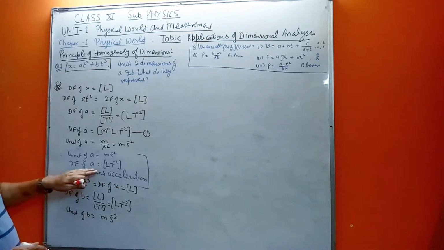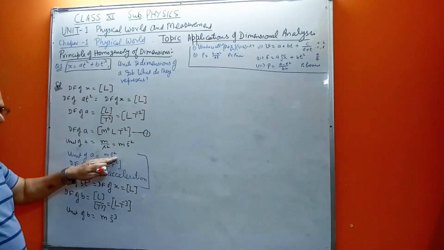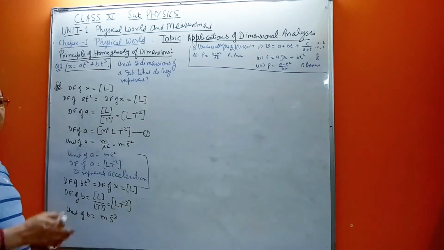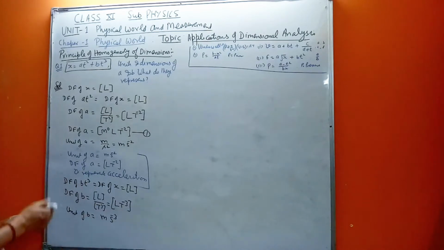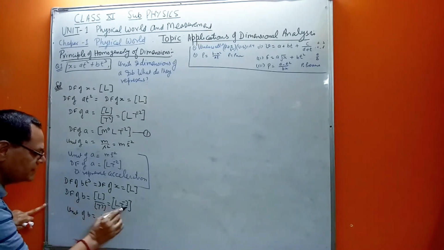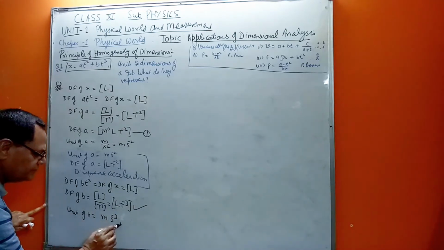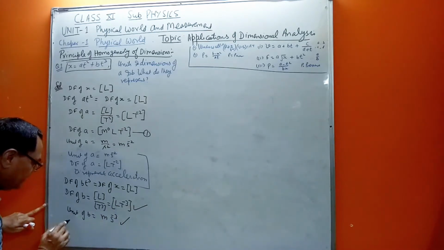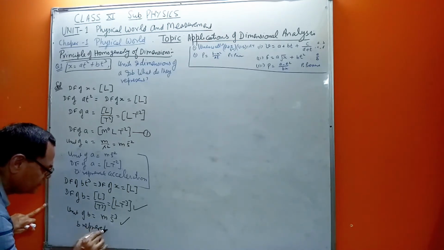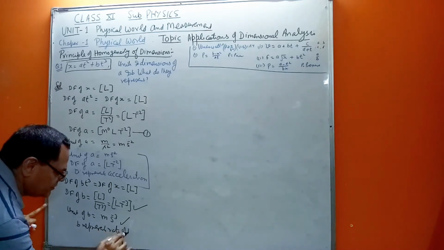The acceleration had meter per second square, and there is one more time in the denominator, so that is the rate of change of acceleration. So the dimensional formula of b is LT minus 3, the unit of b is ms minus 3, and b represents the rate of change of acceleration.